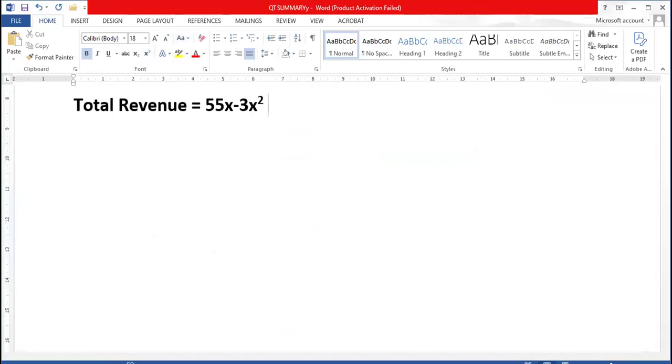Where there is x, put 5. This will be 55 times 5, then minus open bracket 3 times 5 squared. What do you get on your calculator?